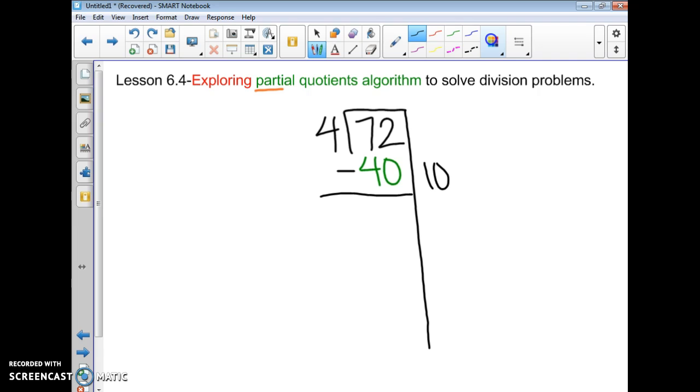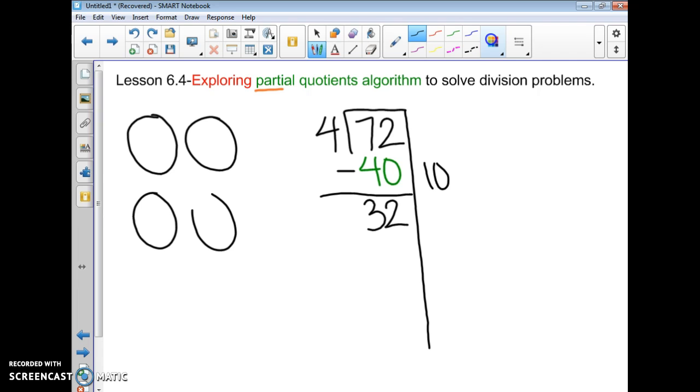I've pulled the 72 into 2 parts, one being 40, the other being 72 minus 40, which is 32. Now what that looks like when I'm doing 40 divided by 4, essentially I'm dividing the number into 4 parts. So that number 40 into 4 parts looks like this.